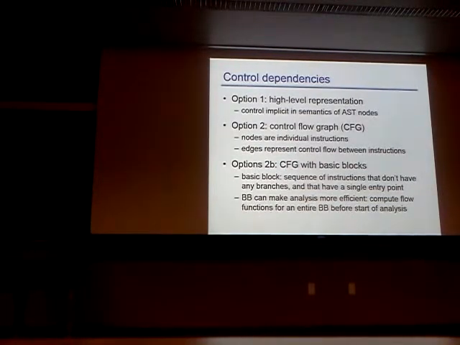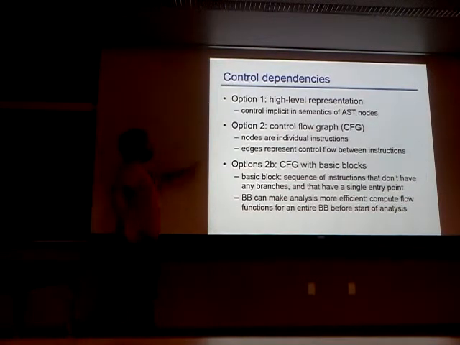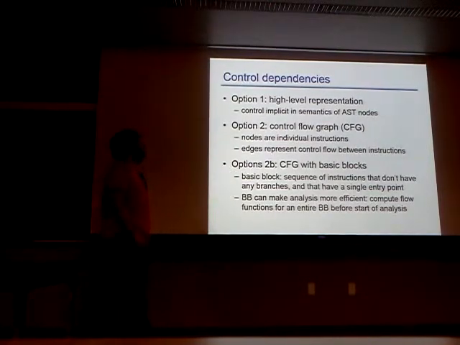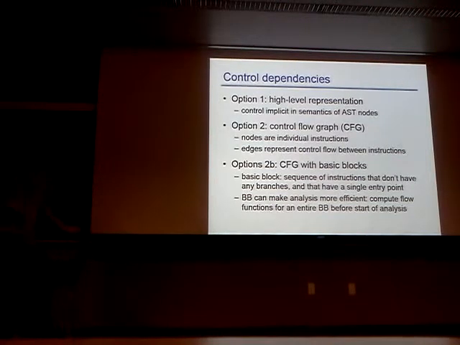Okay. So let's talk a little bit about control dependencies. Actually, very briefly, you can do a control flow graph. That's the standard way to do it. You can do a control flow graph with basic blocks. That's what you have in LLVM. Control flow graphs are really the main way to represent control dependencies.